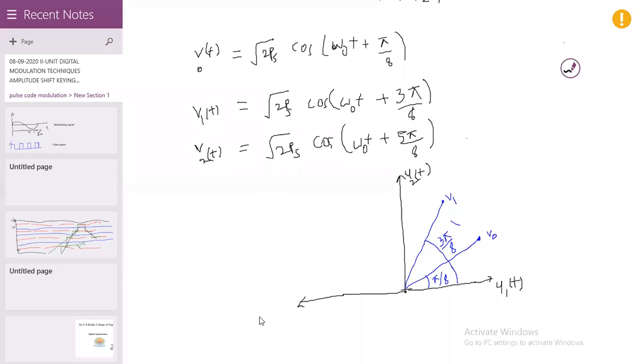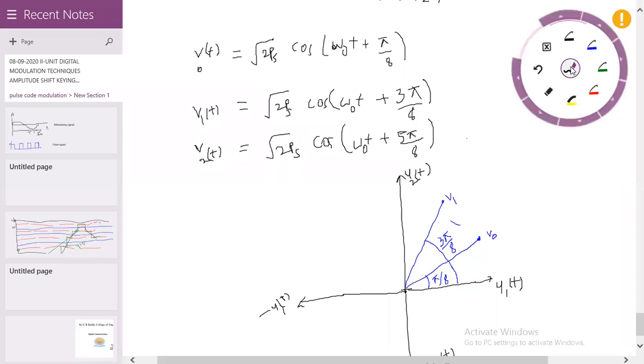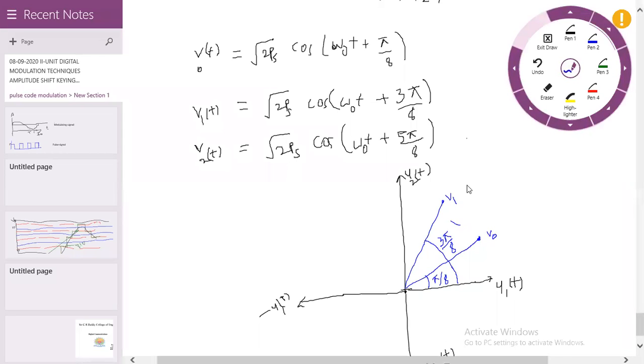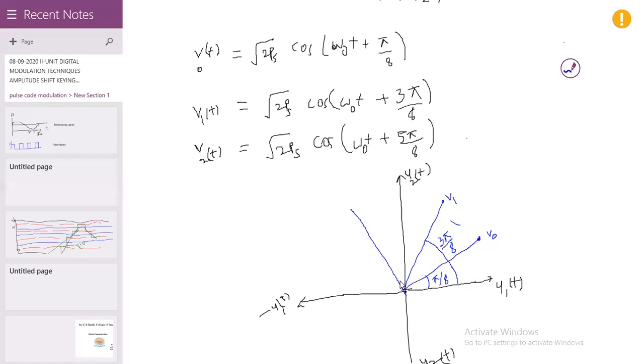This is minus u1 of t, this is u2 of t. Then V2, let us say here, this is V2, so that is 5 pi by 8, second quadrant.